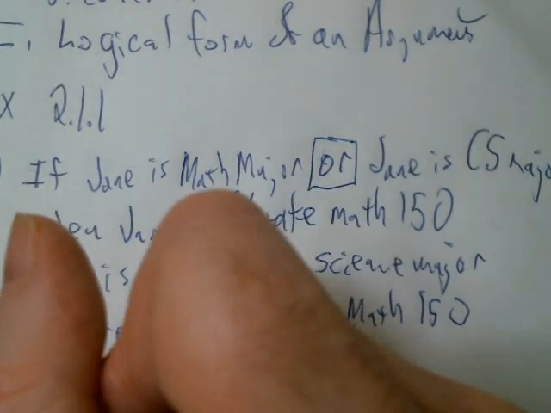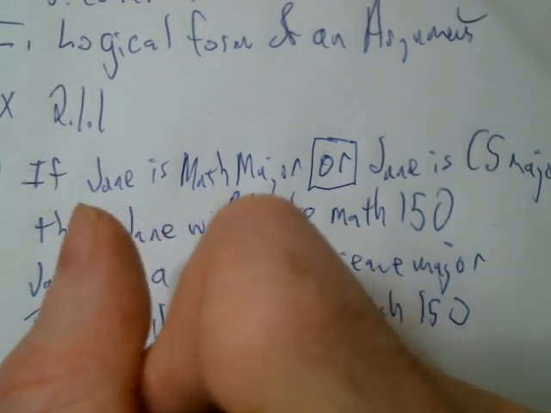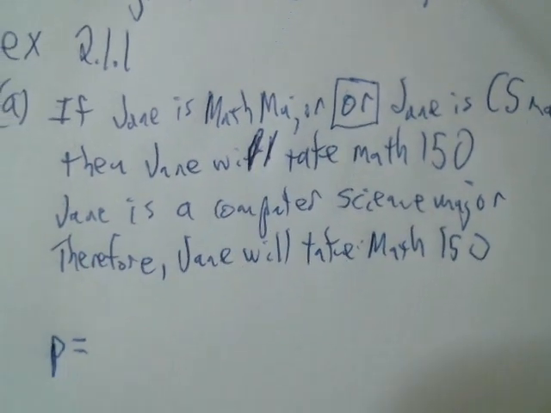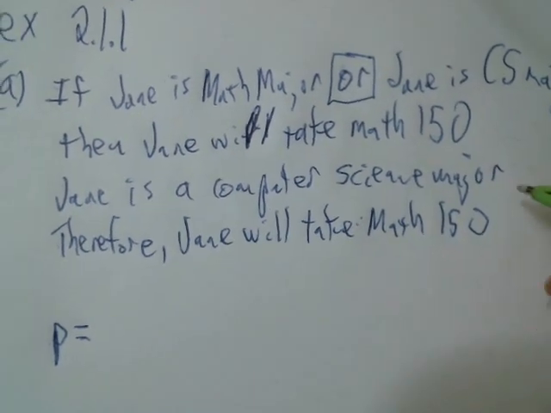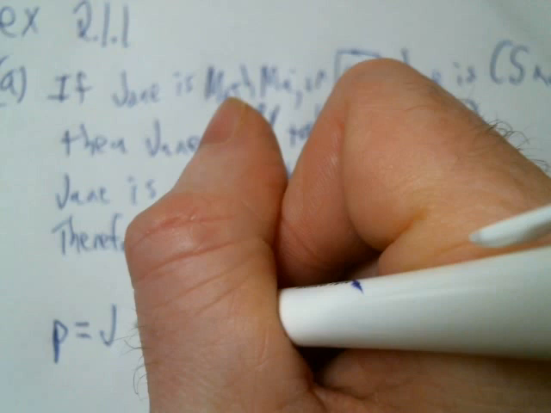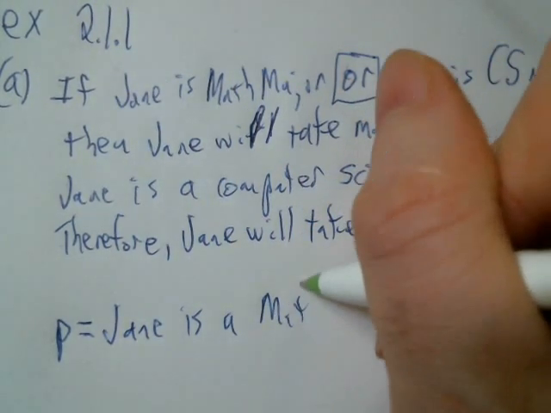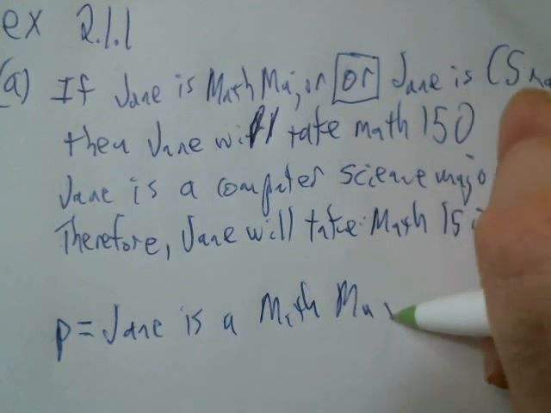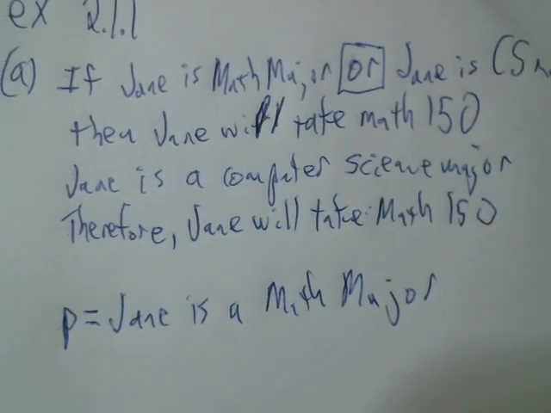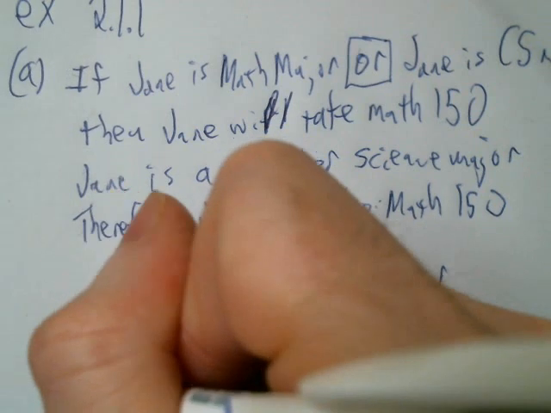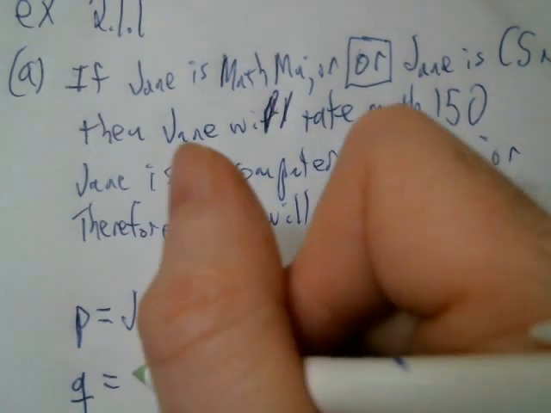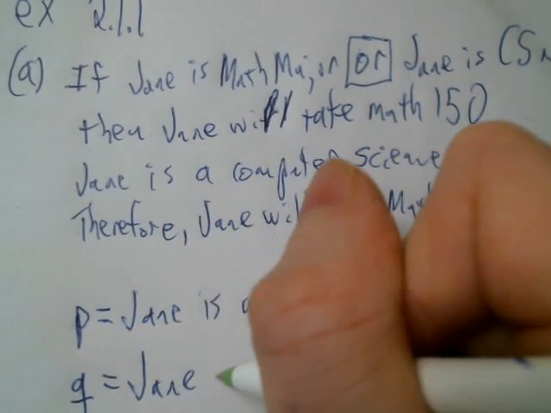Let's say P is, we'll call this a statement variable. Let's say P represents the statement Jane is a math major. And then let's say Q represents the statement Jane is a computer science major.